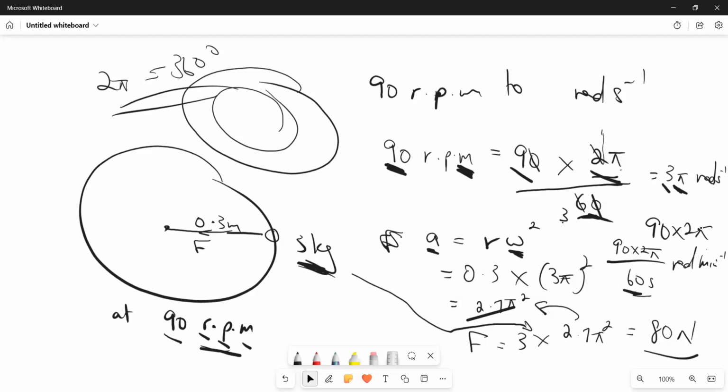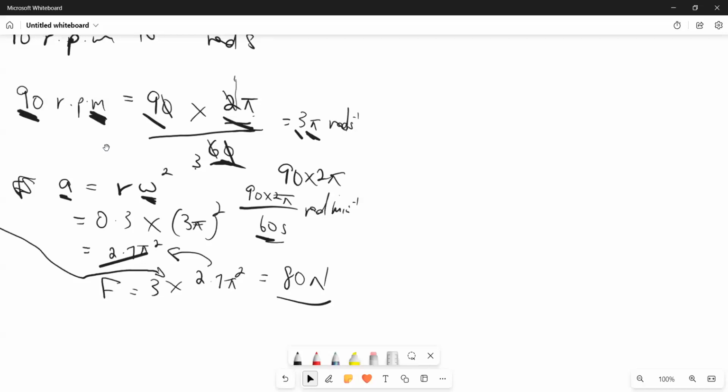Sir, can you go over the force, which is equal to 3 times 2.7 pi squared? How do you get 80 Newton? Yes, sir, please. All right, let me move this aside. So you want to know 3 multiplied by 2.7 times pi squared, where pi is 3.14.